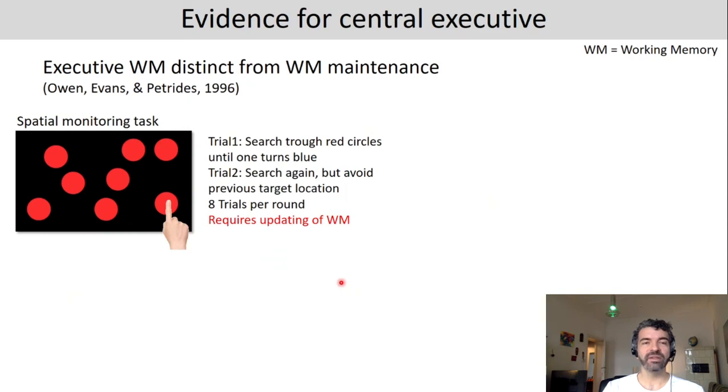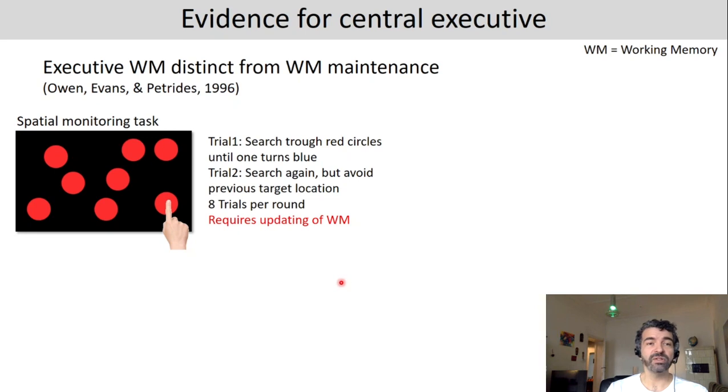Another claim by the working memory model is that a central executive is critical and distinct from other working memory systems. And there's some evidence for a clear distinction between the central executive and other working memory systems provided in this study by Owen and colleagues in 1996. This was a PET study. The task was as follows. There were two tasks.